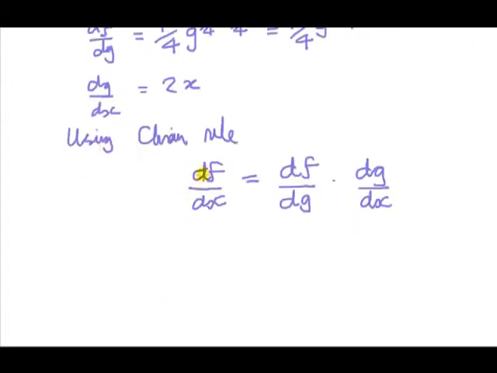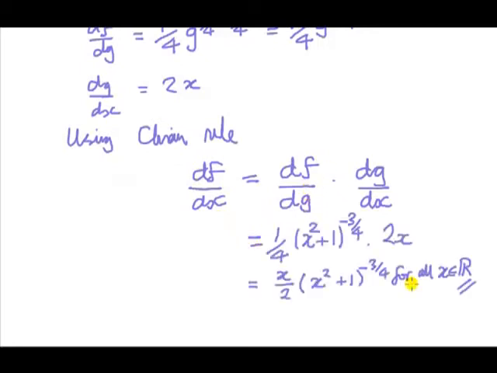So using the chain rule, we state what the chain rule is, and then we substitute what these two expressions are. Okay, so just substituting here, and then cancelling the 2 with the 4, 2 in the bottom, and that's the answer. And we note that when we have the derivative, we're not done here, recall.